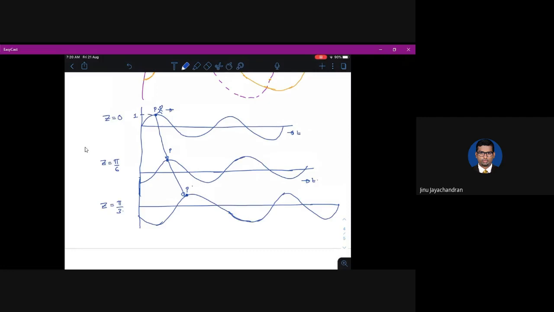It's just like surfing on the seawater. If you have seen surfing, when a wave comes, the person will stand over the wave, and he just goes along with the wave. He doesn't fall inside the wave.